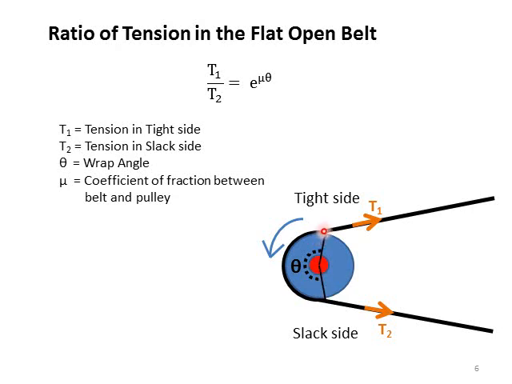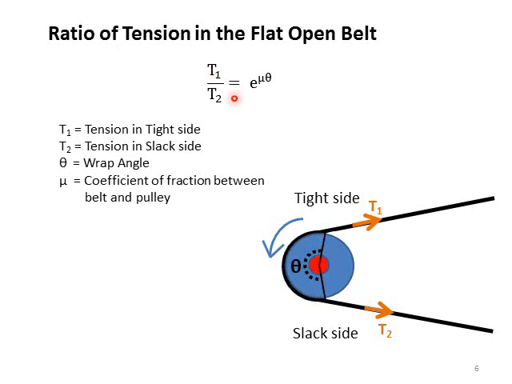So we count the angle from here to here. This whole angle becomes the wrap angle theta, because the belt is wrapping the pulley. Whatever the contact between belt and pulley is, we count as the wrap angle.